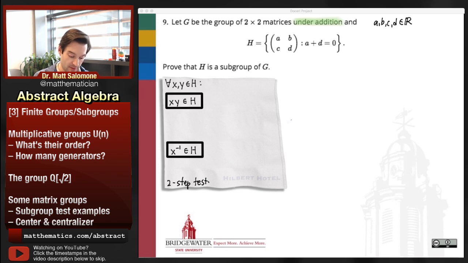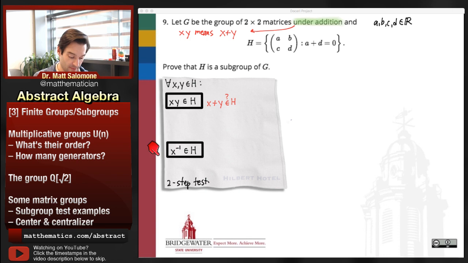So if I have two elements x and y, xy means to add the two matrices. The matrix x added to the matrix y. Right? So that's what the operation in my group means. So if I do that, what I want to show is that x plus y belongs to H.